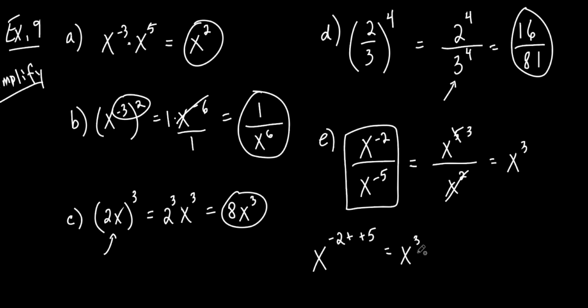Okay? This might be fewer steps, but I think it's more confusing for a lot of people. Not for everybody. Some people would rather do it this way. But for a lot of people, I think they might mess up more here than doing this. What do you think? Do you like just flipping them, making them positive, and then just subtracting the positive numbers? You'd rather do it like this?